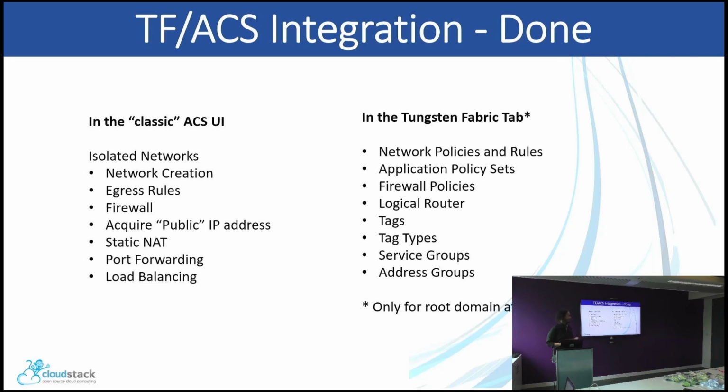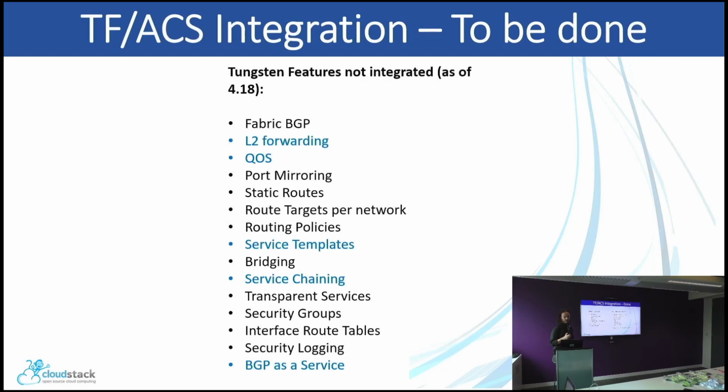And on the Tungsten tab, you have lots that you can do from there. You can create all kinds of steering policies with service chaining, all kinds of stuff. And there's lots of interesting features in Tungsten Fabric that haven't been integrated yet. I highlight a few that I find personally very interesting. You can do EVPNs, QoS, service chaining.